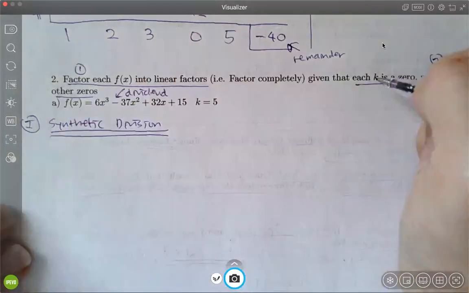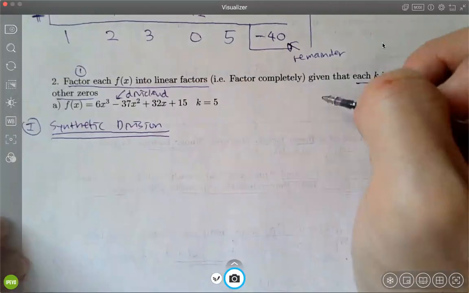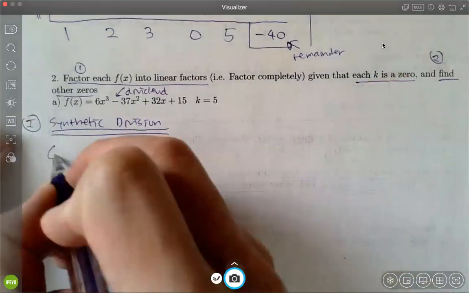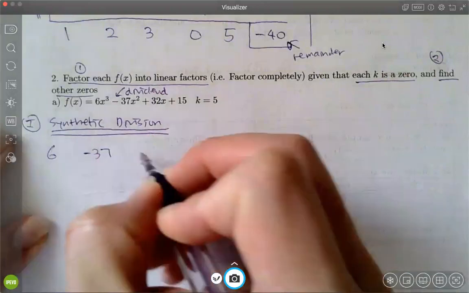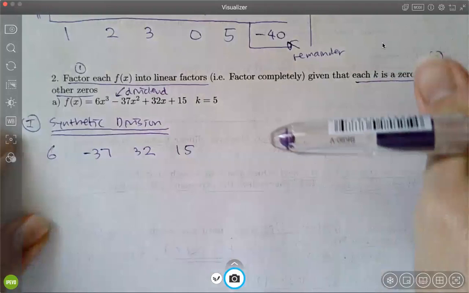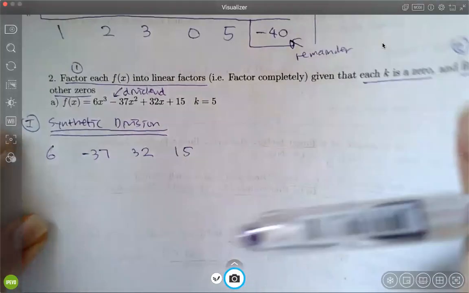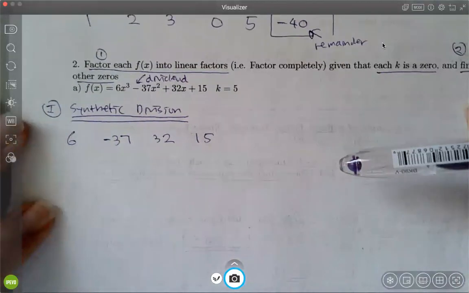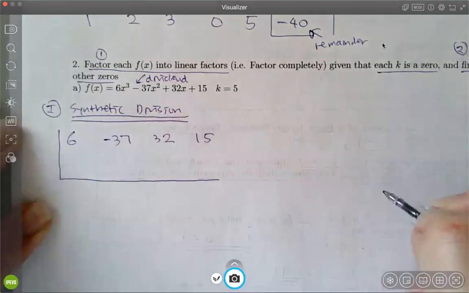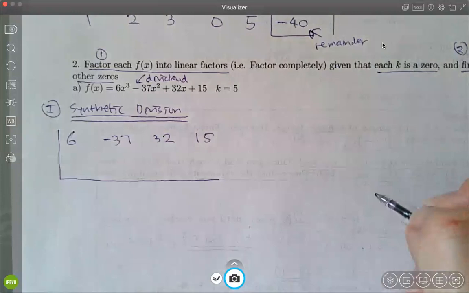For the dividend, we take the coefficients. So we get 6, negative 37, and then 32 and 15. And there's no missing powers of x, right? So we just don't write 0 here. And then put this half rectangle. And now here we don't have the divisor. Are we in trouble? No. Why not?